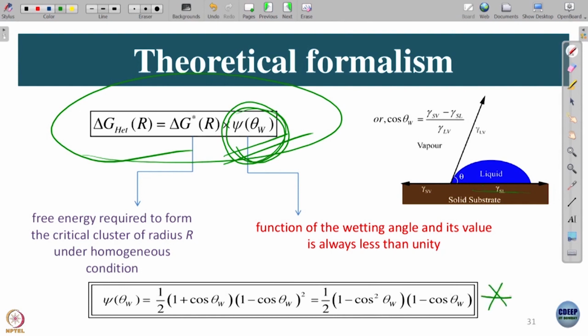I am not going to derive it, it is another long derivation, but theta w is determined by these surface tensions, and that is the expression that is given.